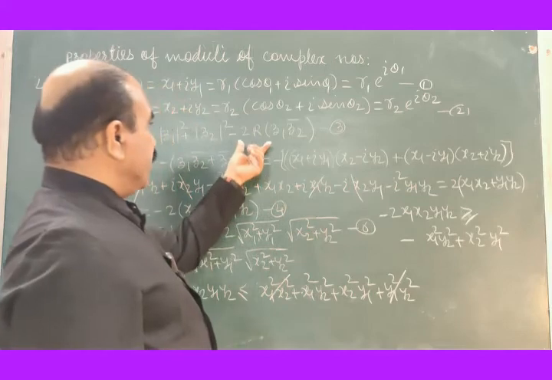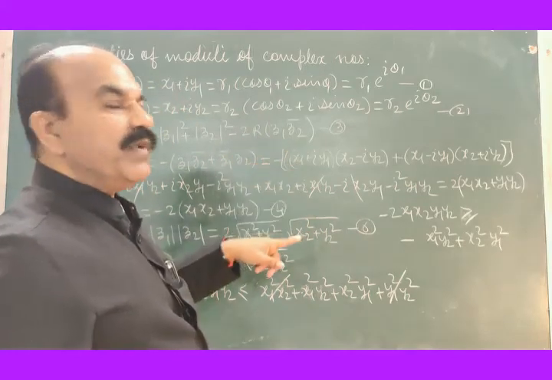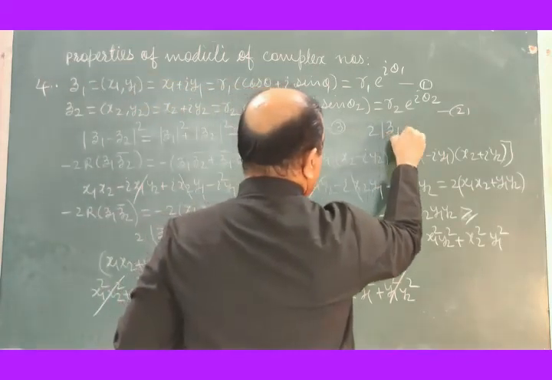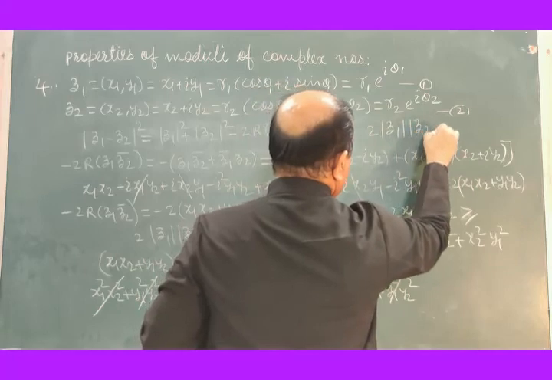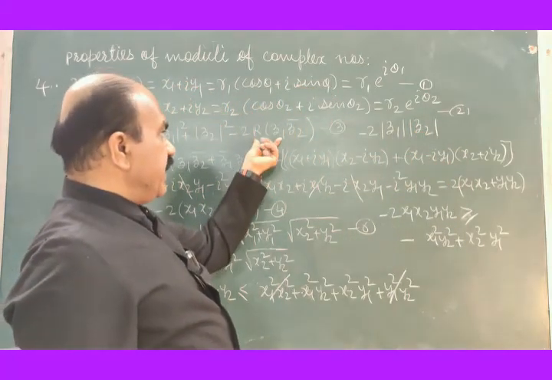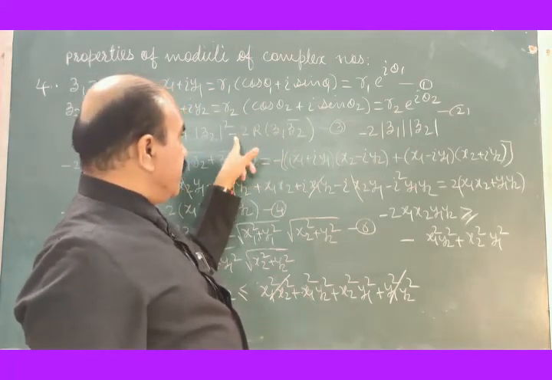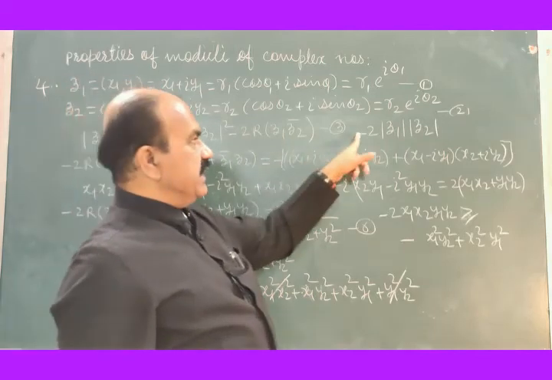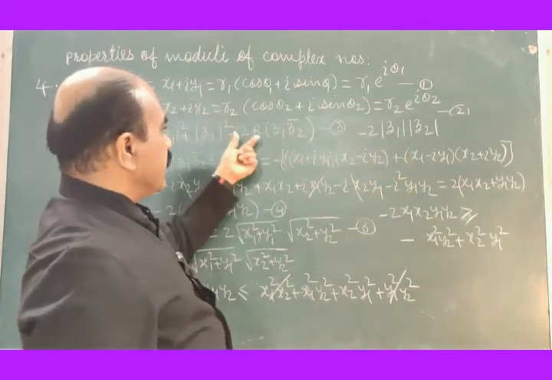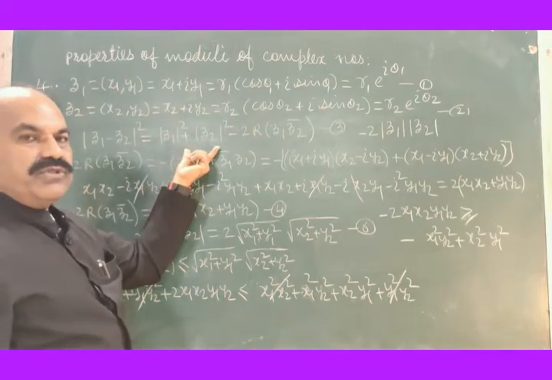Therefore, in this case, if minus 2r z1 z2 bar is replaced by minus 2 times modulus of z1 into modulus of z2, in the negative sense a smaller term is subtracted from these two terms.